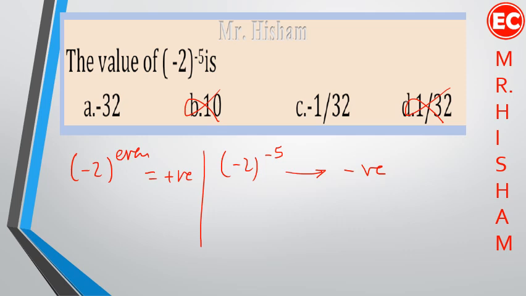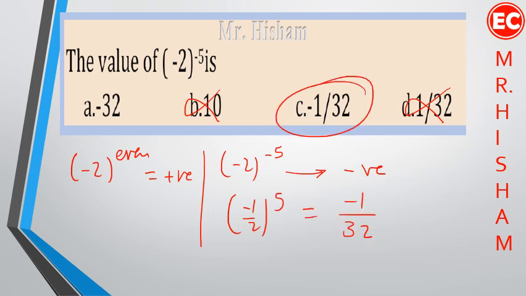This gives you a 50% chance to answer the question. So it's going to be negative 1 over 2, all to the power of 5, which is negative 1 over 32, so the right answer is C.